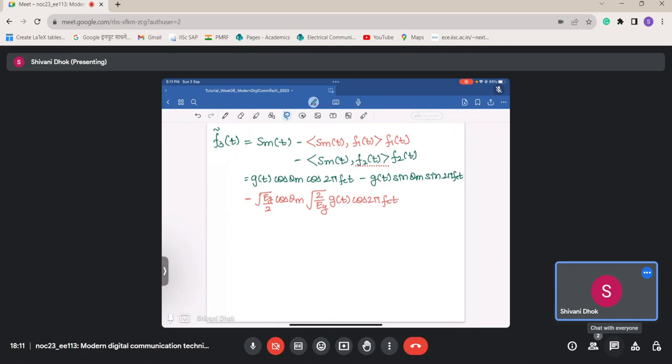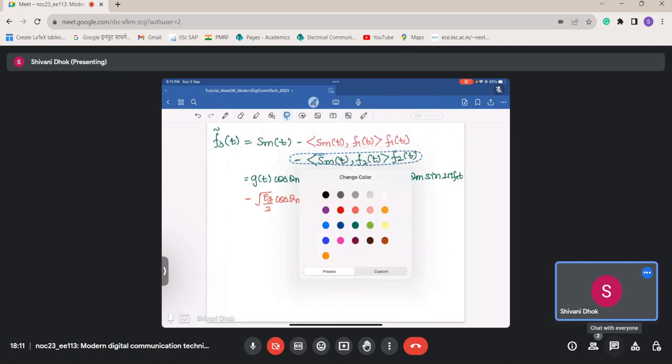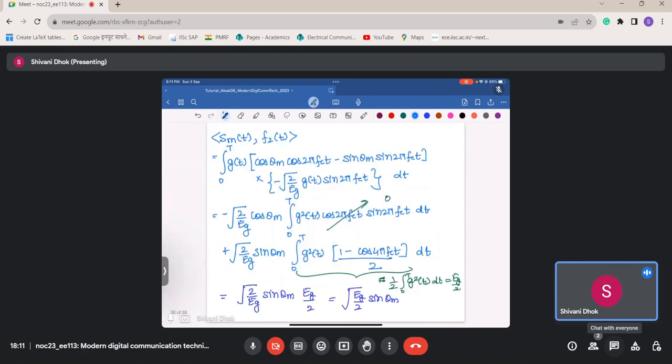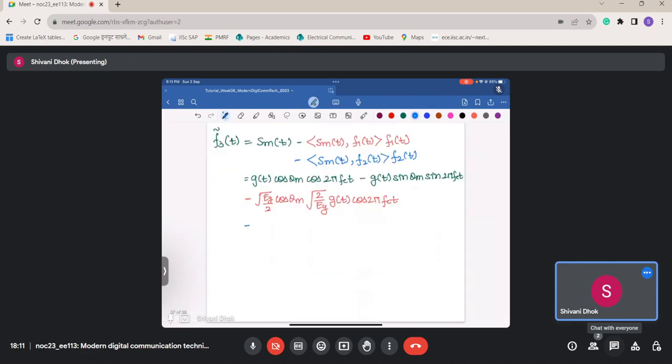And minus this term, the inner product of SM(t) with f2(t) was root of Eg by 2 sin theta m. So this is root of Eg by 2 sin theta m multiplied by minus root 2 by Eg g(t) sin 2 pi fct.